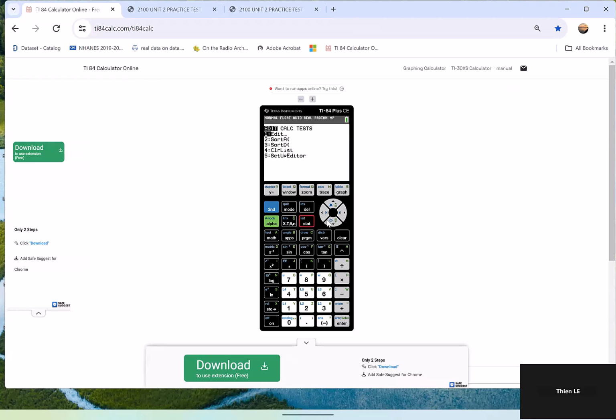You start edit, and you put in your list L1: 3, 4, 8, and L2: 1, 5, 2, 5, and 2, 5.